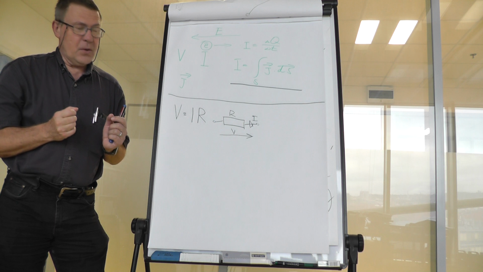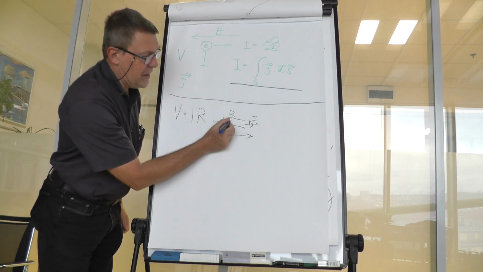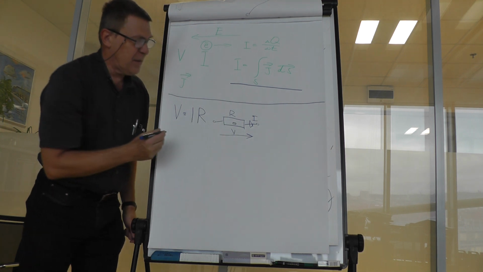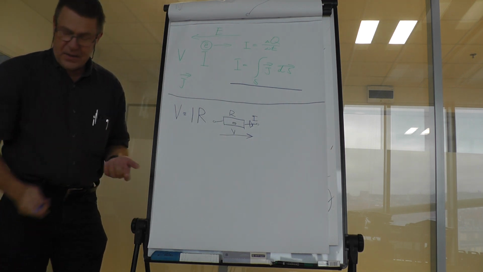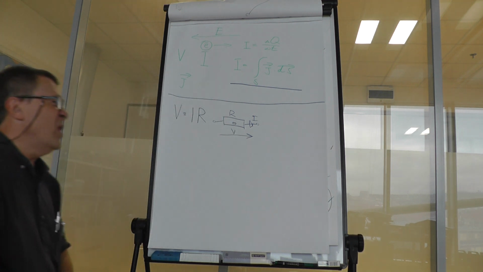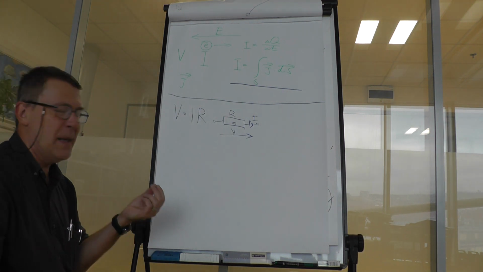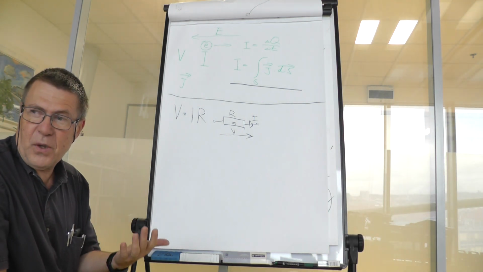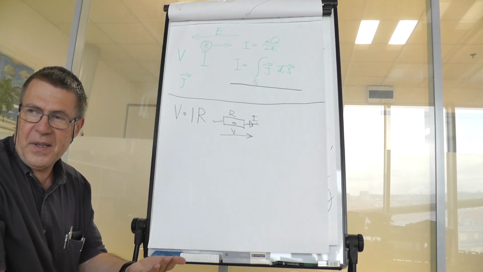We can also watch a small piece of the resistor, a small piece of the current inside, and such a small piece of the current would be described by another formulation of the Ohm's law, which is called the Ohm's law in a differential form.